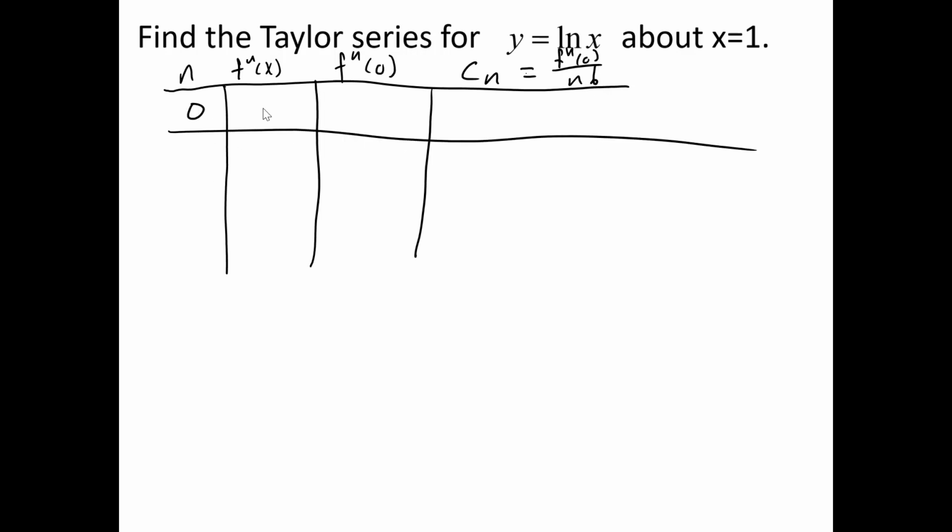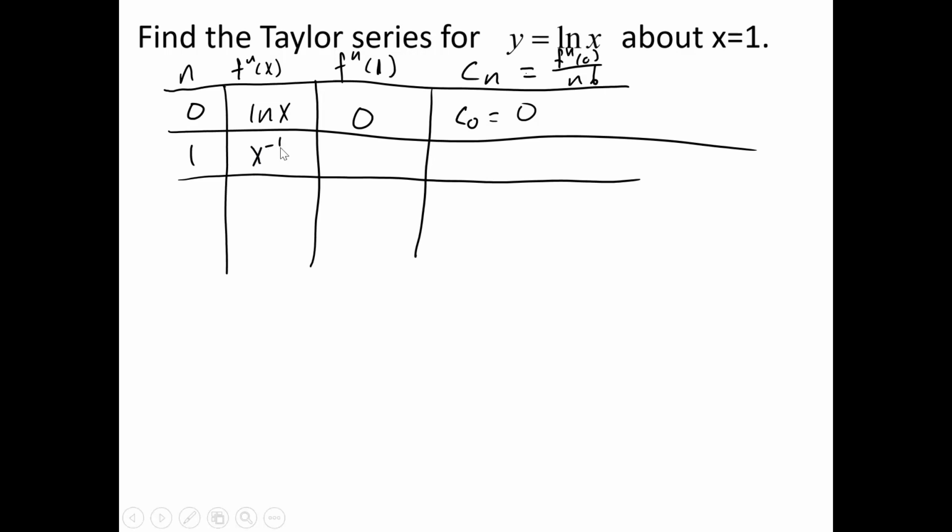When n is 0, you're dealing with the original function, the natural log of, here I put 0, that's not right. The Taylor series about x equals 1. And so then we get the natural log of 1, which is 0. And so then C naught is 0. When n is 1, the derivative is 1 over x, which we will write as x to the negative 1.